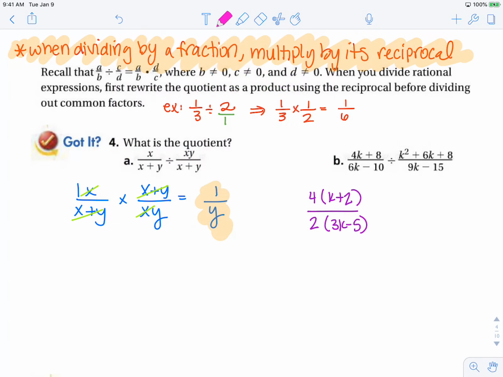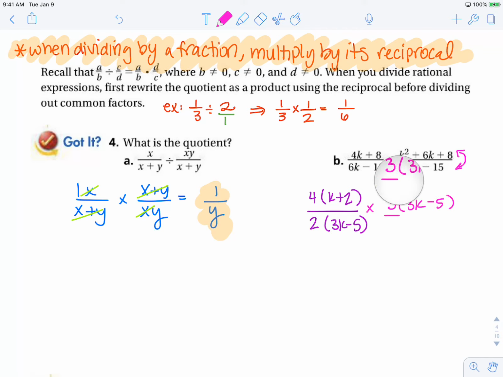Now remember, I am going to flip this after I change this to multiplication. So this numerator now has a GCF of 3, and that leaves 3k minus 5.